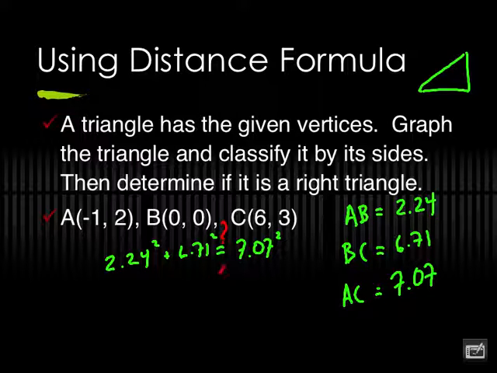Which one's bigger, the left or the right? Left. So we all agree that it's this guy. Now that we know it's not right, can we use that information to figure out if it's acute or obtuse? Possibly. Possibly is a good answer. It's a safe answer too.